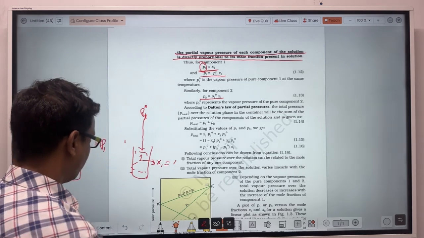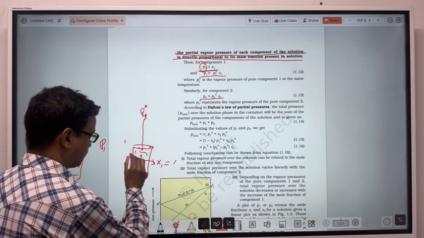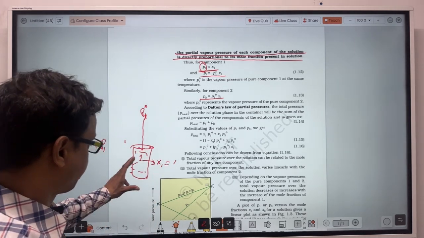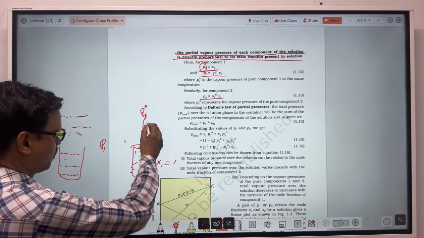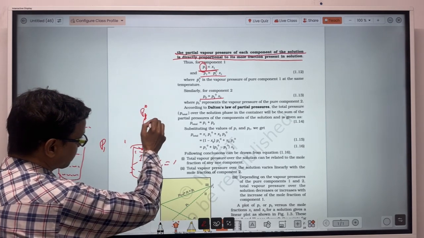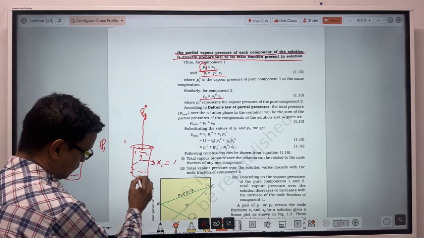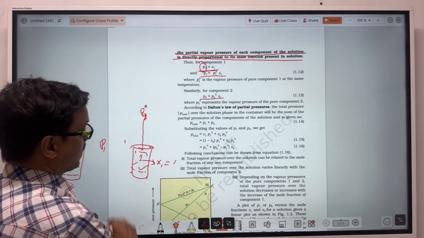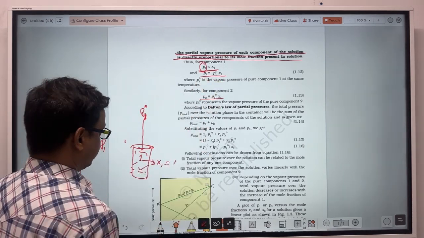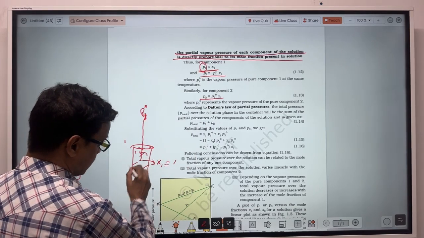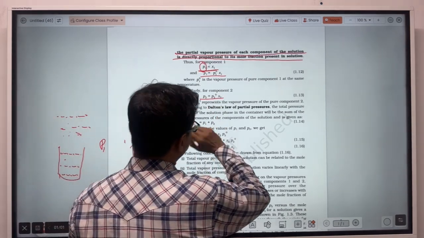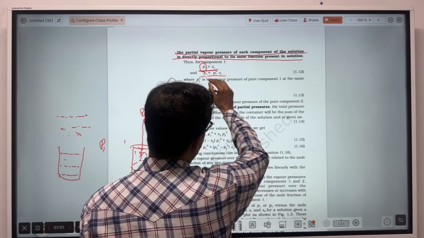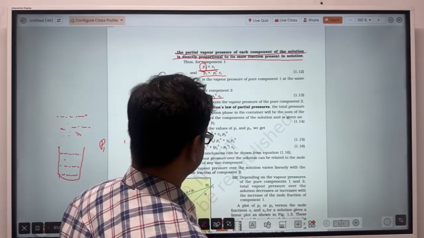There is liquid 1 only, so that means liquid 1 is in the pure state. So the vapor pressure of that liquid in the pure state is called vapor pressure P degree 1. Vapor pressure in pure state. So when chi 1 is 1, P1 will be P degree 1.